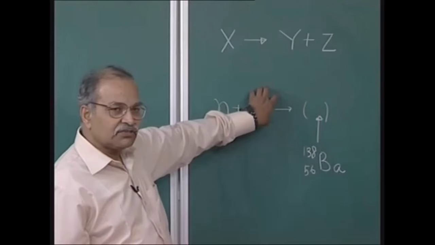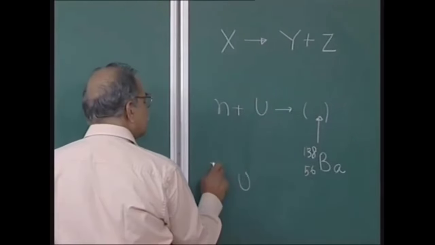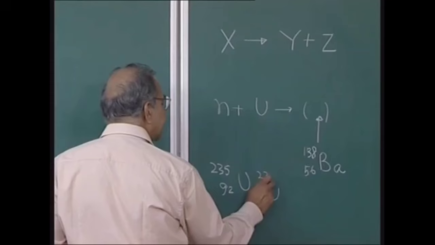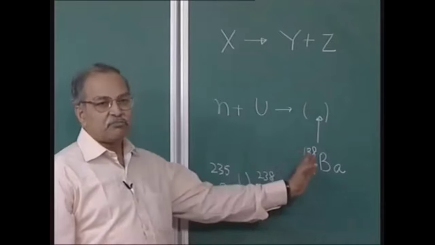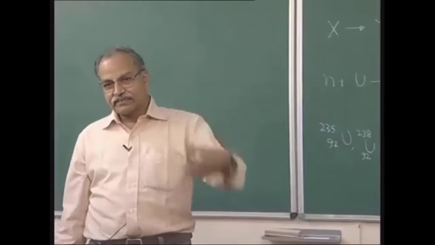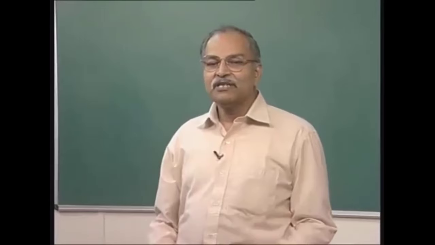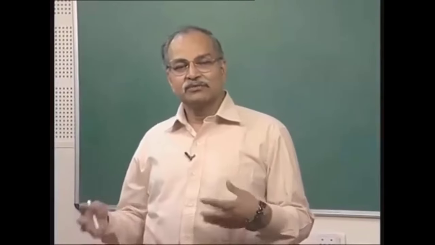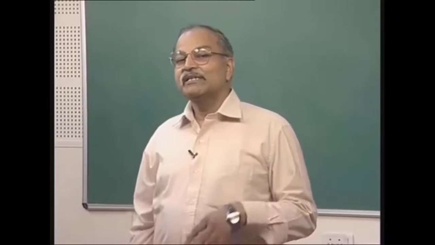So, starting with uranium, natural uranium has, as you know, uranium-235 and uranium-238, with Z = 92. From here one is getting barium. Originally when they detected this element, they thought it was a new transuranic element having properties similar to barium, but later they could establish that it is not similar to barium, it is barium itself.